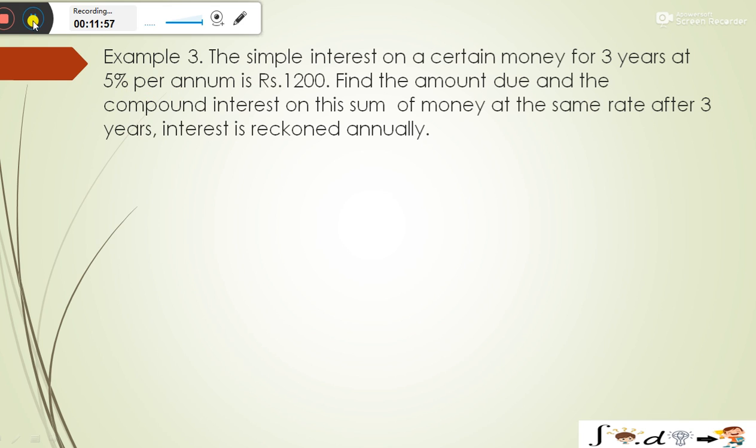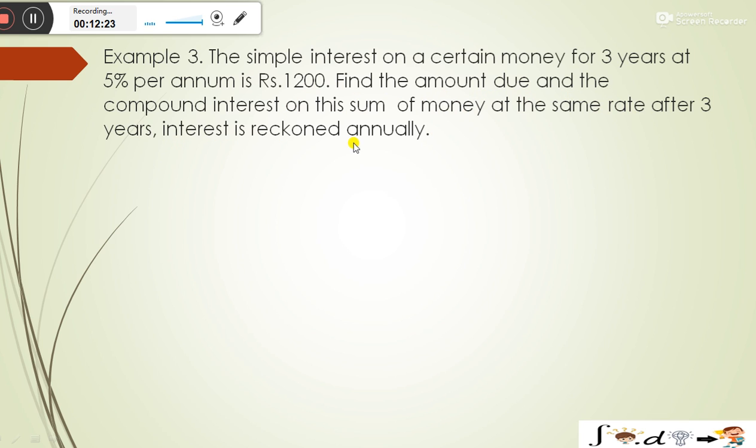Now next example: the simple interest on a certain money for 3 years at 5% per annum is 1,200 rupees. Find the amount due and the compound interest on this sum of money at the same rate after 3 years.